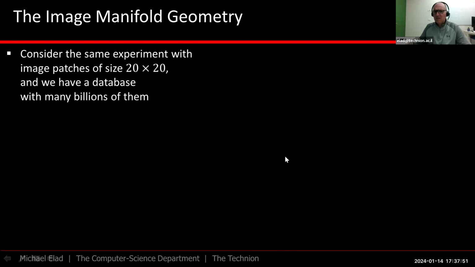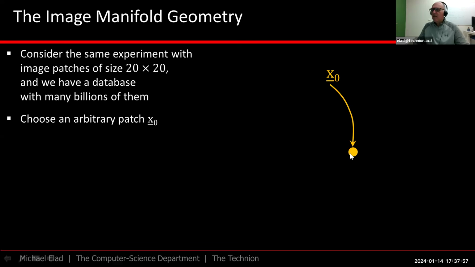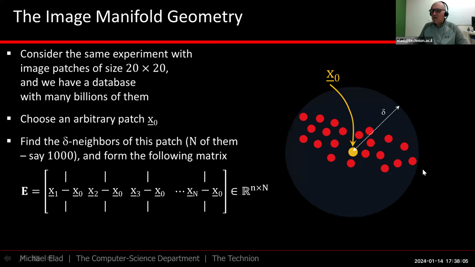Okay, let's talk about this low dimensionality that I mentioned before. Let's illustrate it through an example. Imagine that I take a specific patch, any patch, X naught. Now I open a window around it, a sphere, and I grow the sphere, grow and grow up to the point where I have exactly 1,000 neighbors next to me. Remember, I have billions of patches, so just 1,000 is a very small sphere of radius delta.